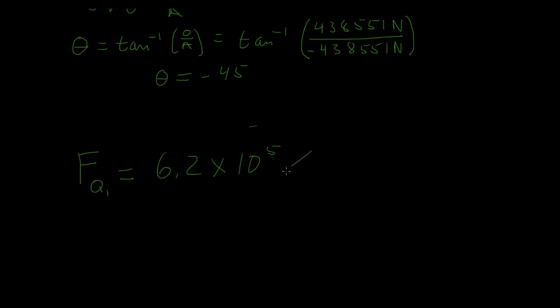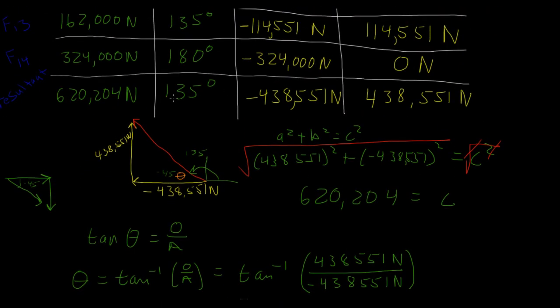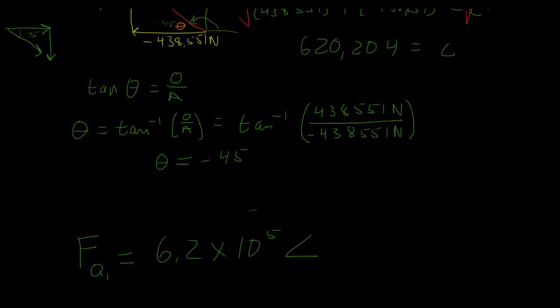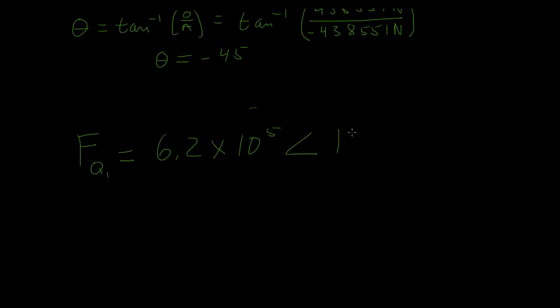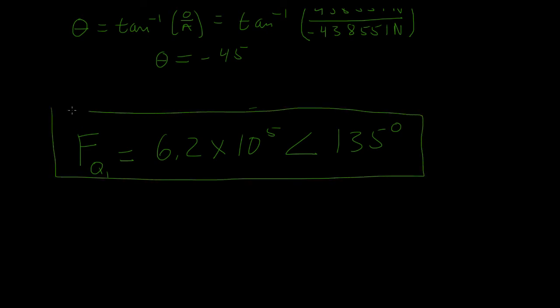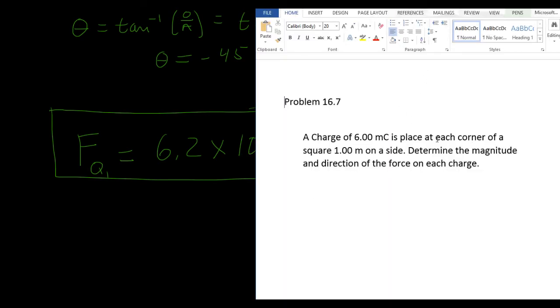And then we'll use the angle symbol, because this is a vector, and the angle is 135 degrees. Okay, and again, the question did ask us to determine the magnitude and direction of the force on each charge.